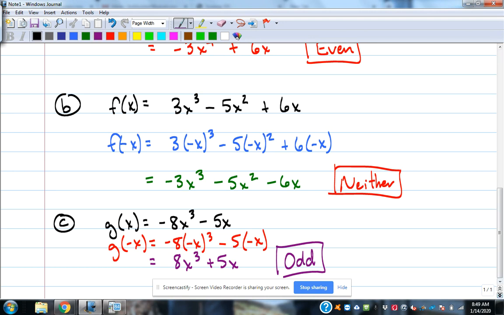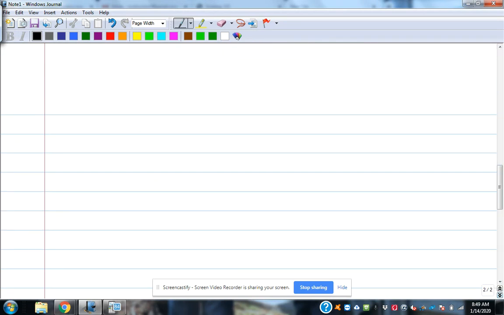All right, so if we've got an equation, we can test if it's odd, even, or neither. What if we just have a graph? So graphically, odd, even, or neither.